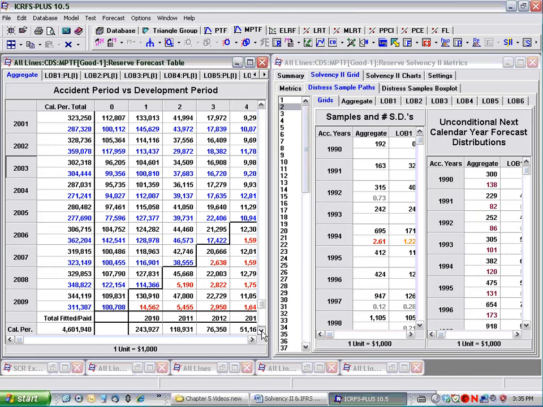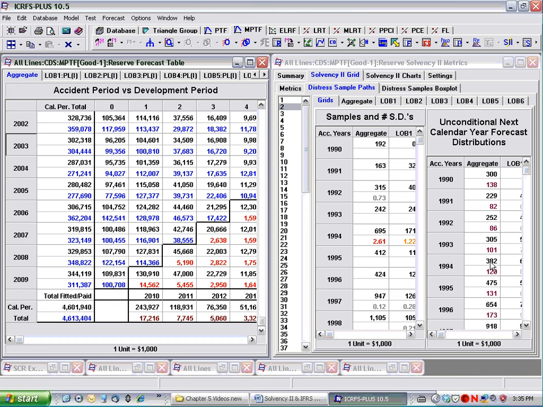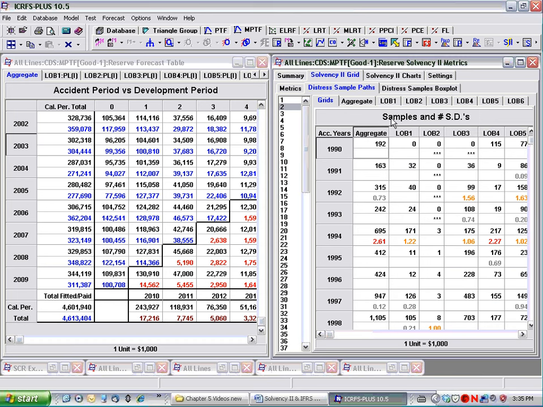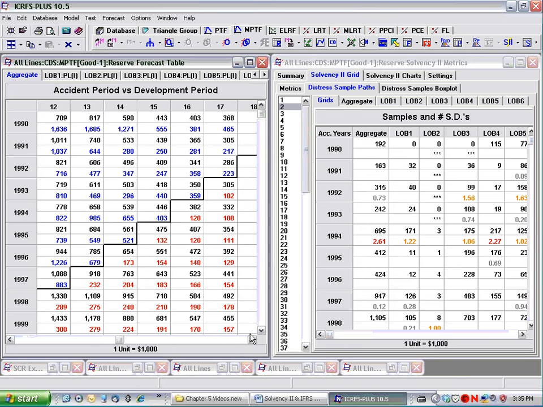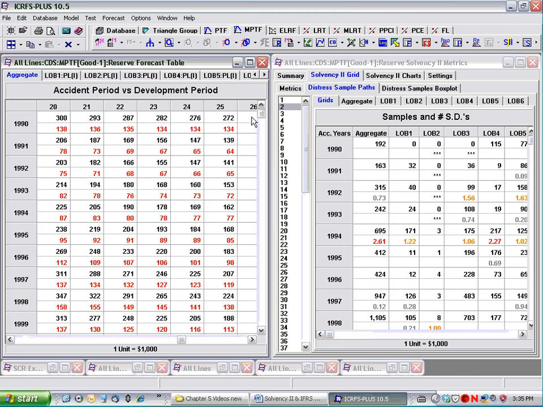Let's switch to aggregate. Now we're saying that in 1990, in aggregate, which is right at the top here, might have been better starting at the bottom. Oops, got to switch a bit to the left. 1990.